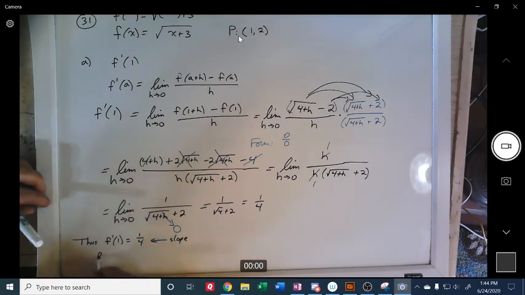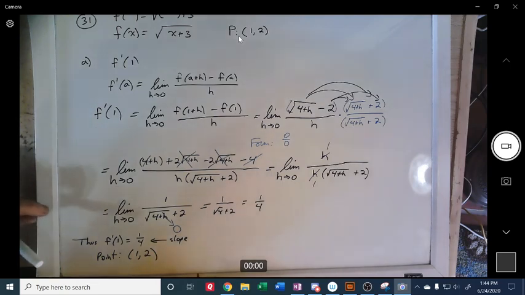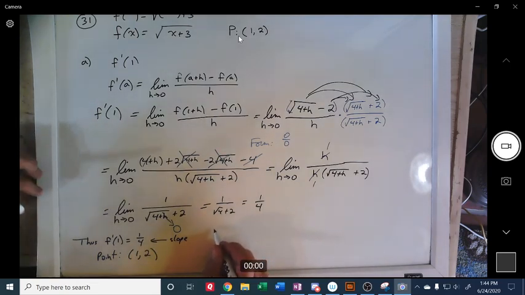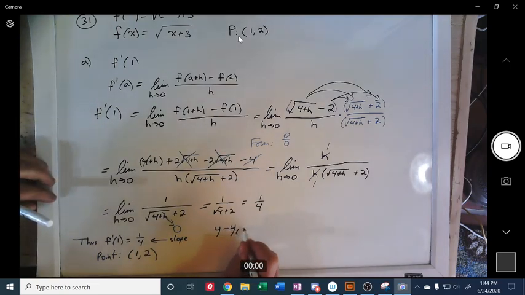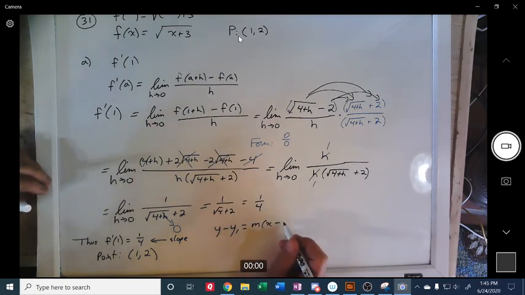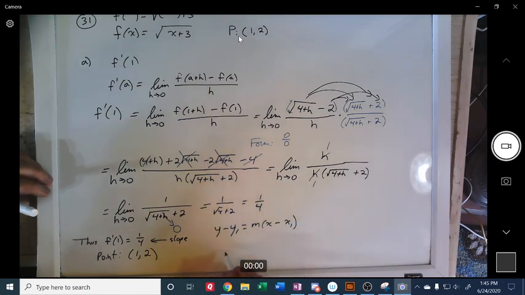My point was already given, 1, 2. So I'm going to use my point slope formula. This is part B now. y minus 2 is 1/4 times x minus 1.